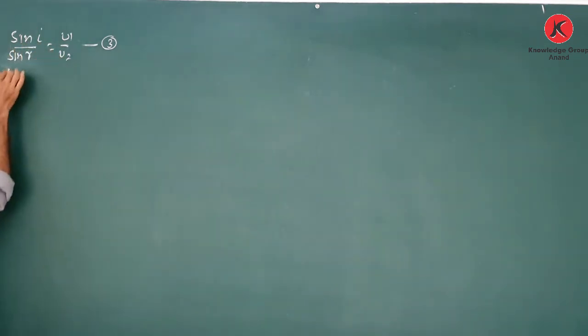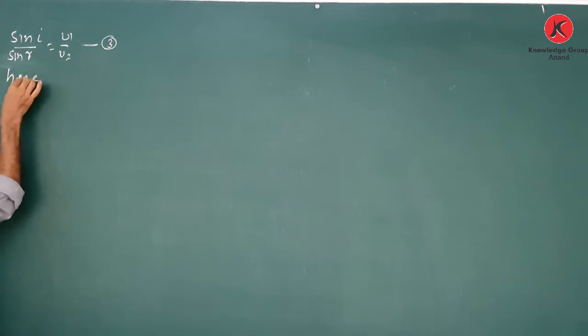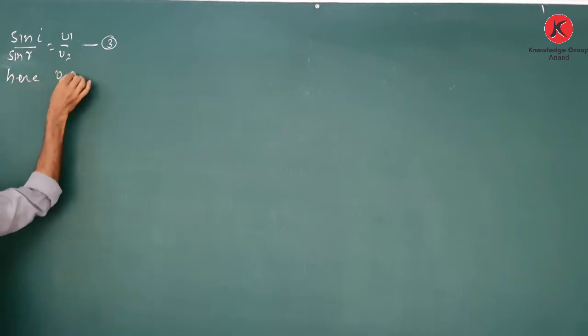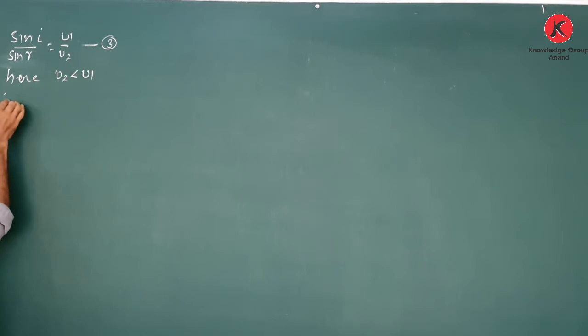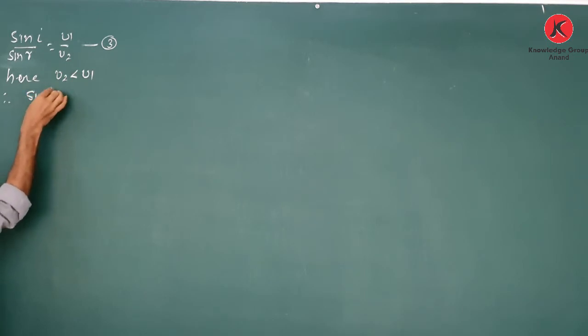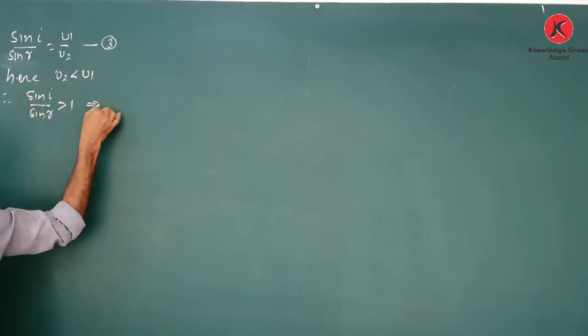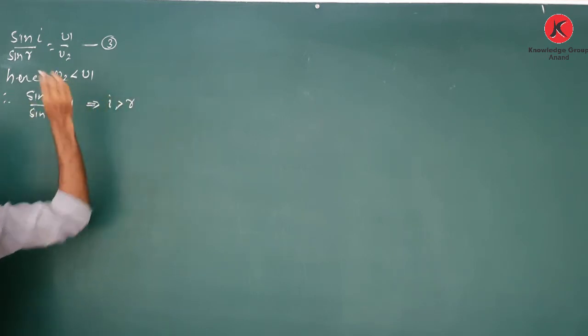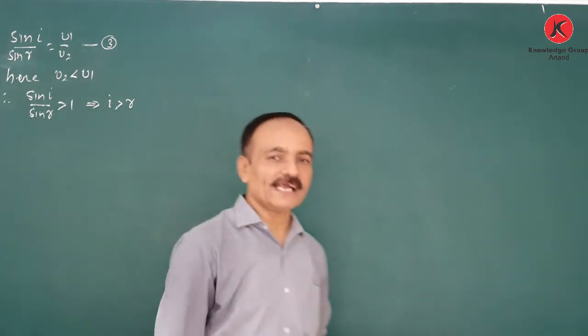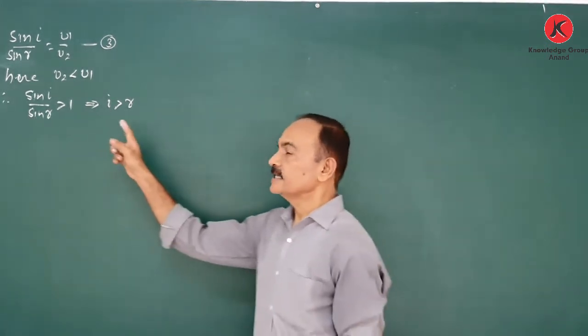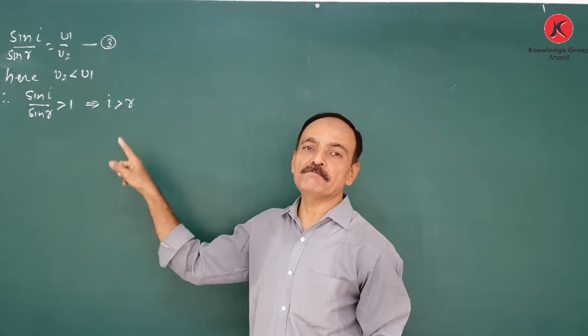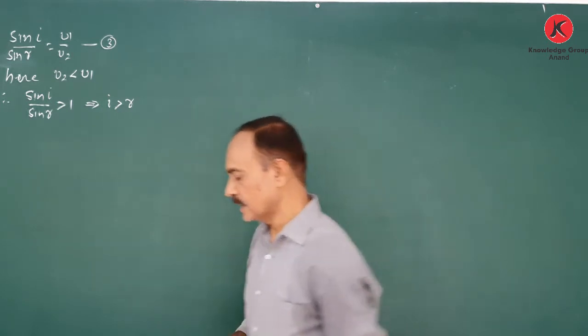Now listen, already we made the assumption that V2 is less than V1. Therefore, sin I upon sin R is greater than 1. Therefore, I is greater than R. Therefore, the refracted plane wavefront bends towards the normal.